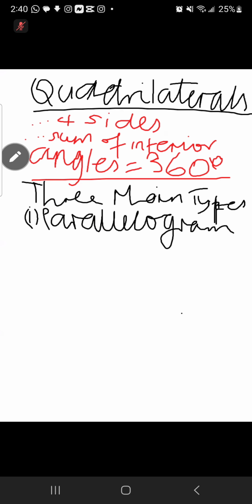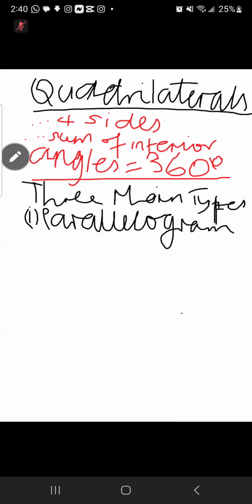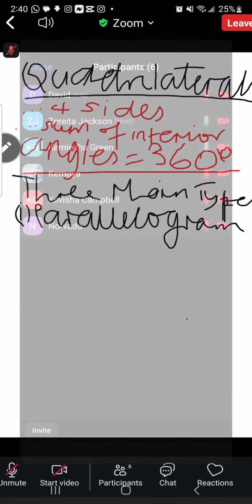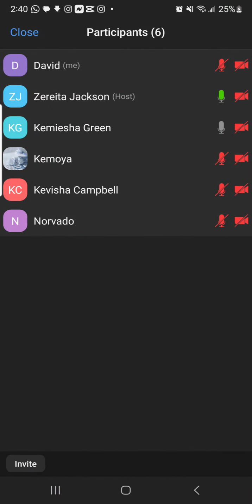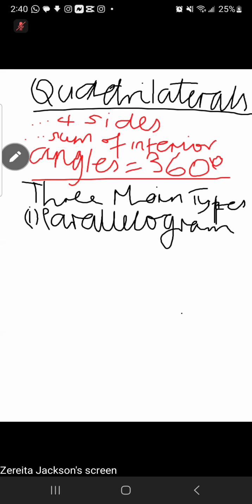All right. So parallelogram, trapezium, and kite. Everybody knows what a parallelogram is, right? Let's write down the definition, because under parallelogram we have different types, different shapes that we put under this one general heading.